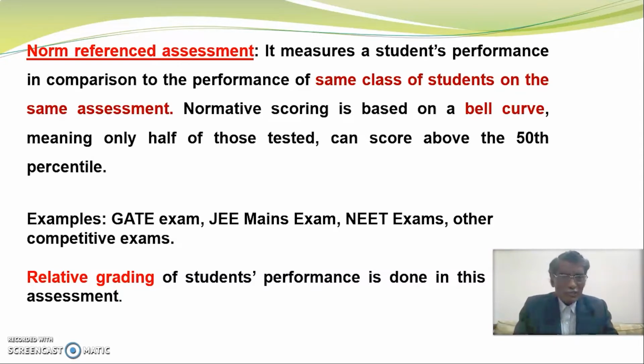Normative scoring is based on a bell curve, meaning only half of those tested can score above the 50th percentile. The examples are GATE, JEE Mains, NEET and other competitive exams. In all these cases, a relative grading of students' performance is done.